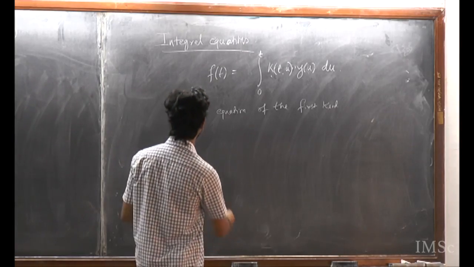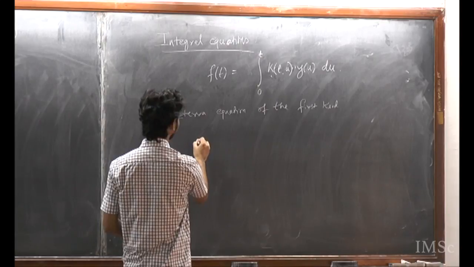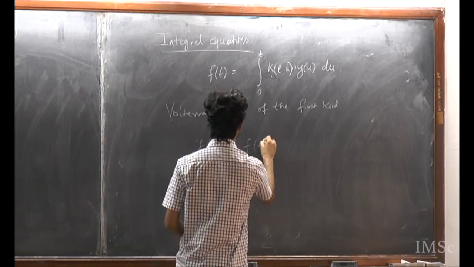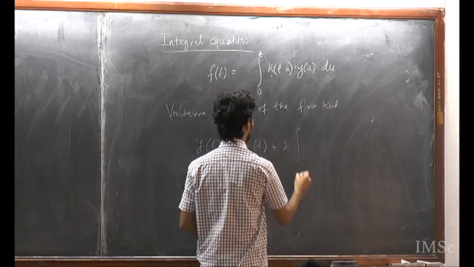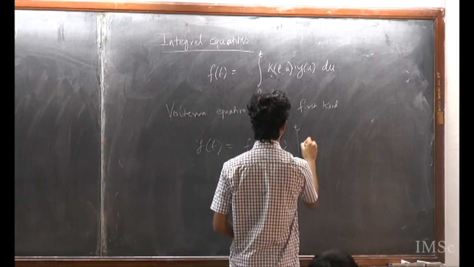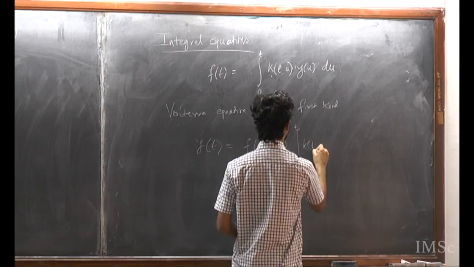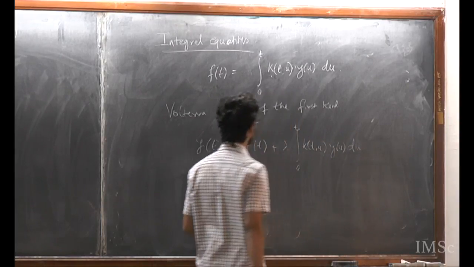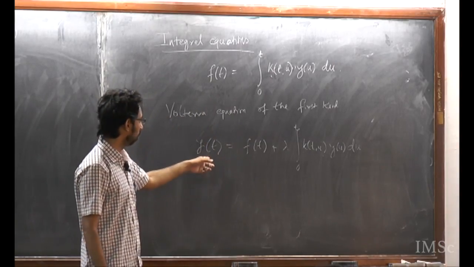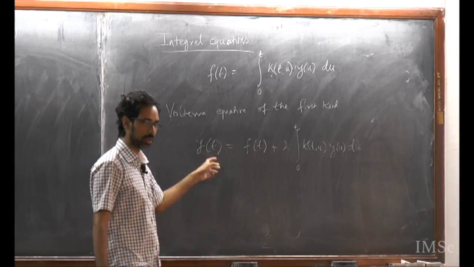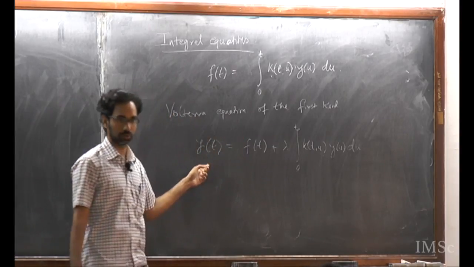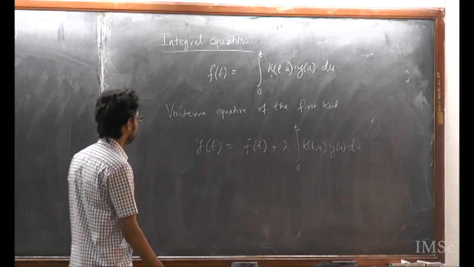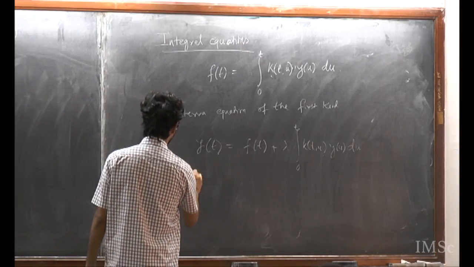So if you have y(t) equals f(t) plus lambda integral 0 to t k(t,u) y(u) du. So you see that the unknown y is both inside the integral and also outside. f and k are known. So this is the Volterra equation of the second kind.